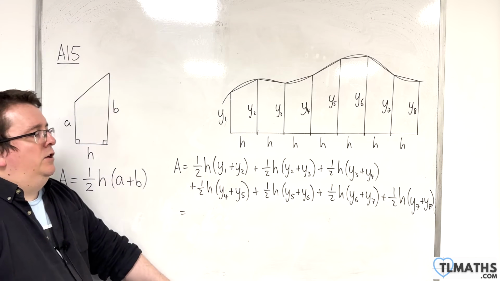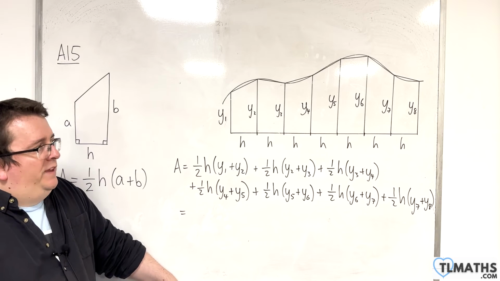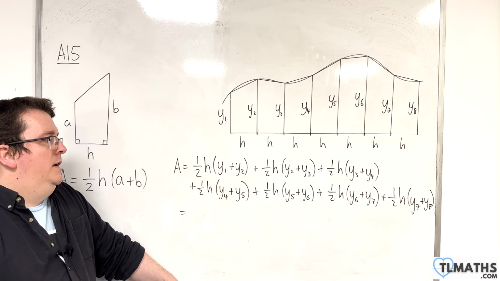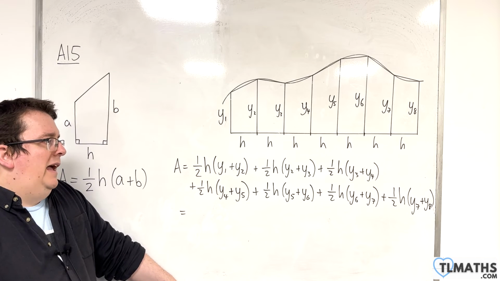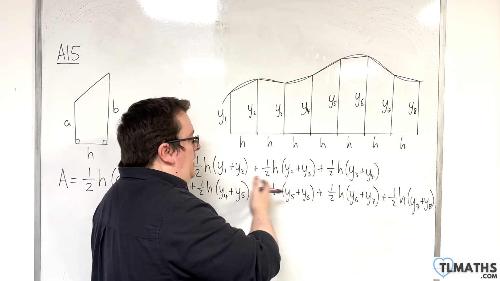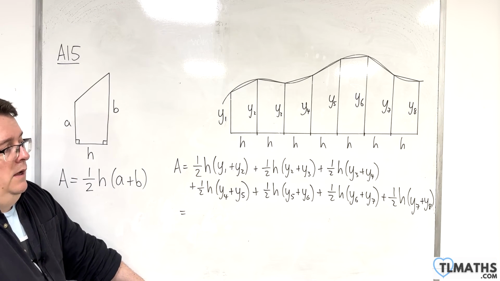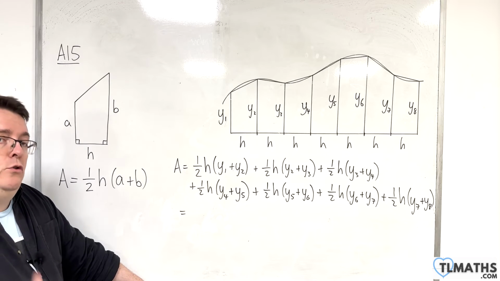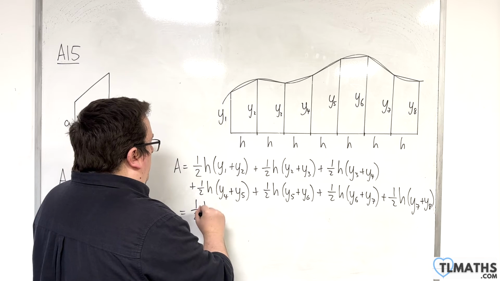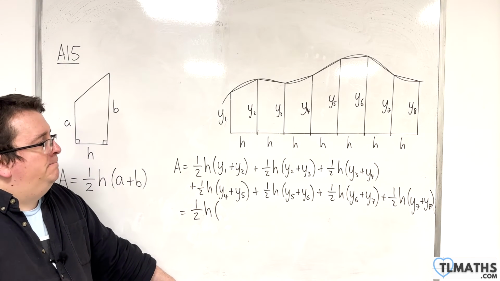So you could just think of it as dividing it all up into trapeziums and adding all the individual trapezia together. You could think of it that way and do it that way. However, all of these area formulae have things in common. They've all got halves, they've all got h's. So you could factor out the 1/2 and the h for each of them. Okay?